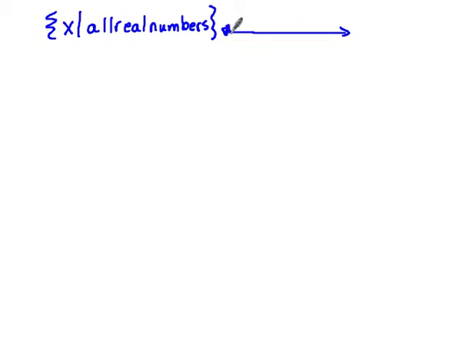Because it's all real numbers, the entire number line is getting shaded. Okay? So I've got negative infinity to infinity. And so that interval notation would be from negative infinity to infinity.